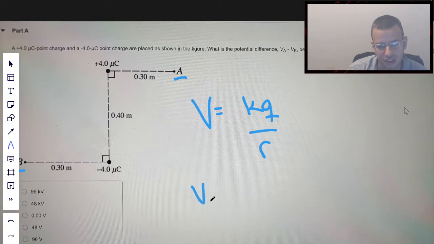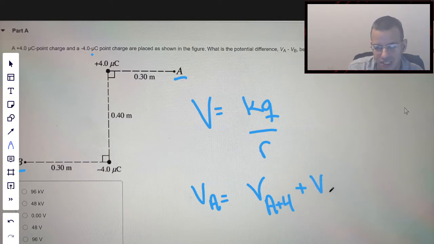So I'm going to say voltage at A is voltage at A from the plus 4 plus voltage at A from the minus 4. I know it looks like A minus 4, but you get it, it's fine.